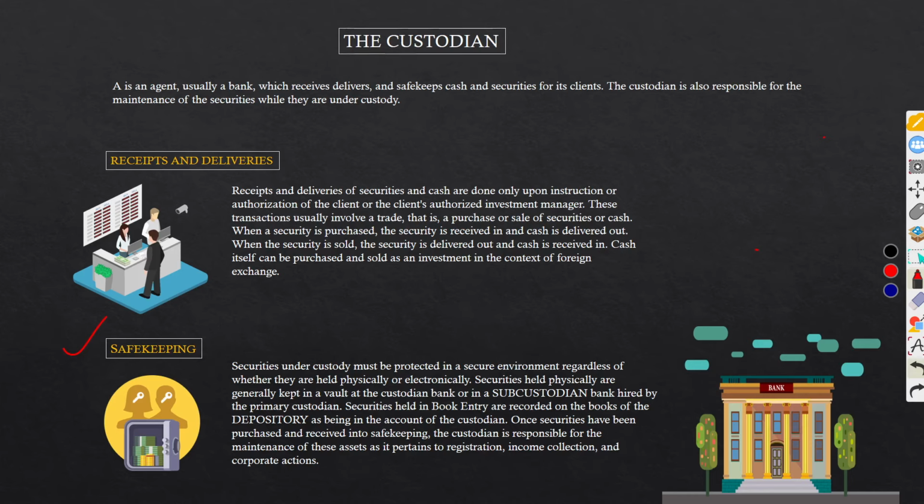If I talk about NSDL and CDSL, they are the depositories. And if I talk about custodians, it means, let's say, Citibank or other custodians, or maybe Indian custodians also; you would see a list of custodians. They closely work with depositories. Why? Because the depository provides a network to transfer securities from one account to another.